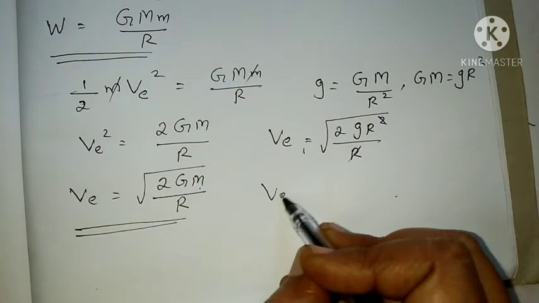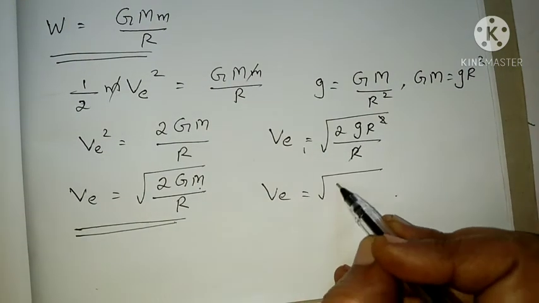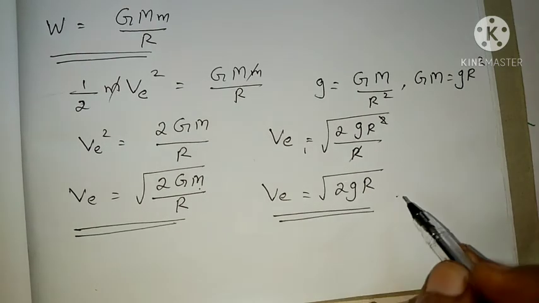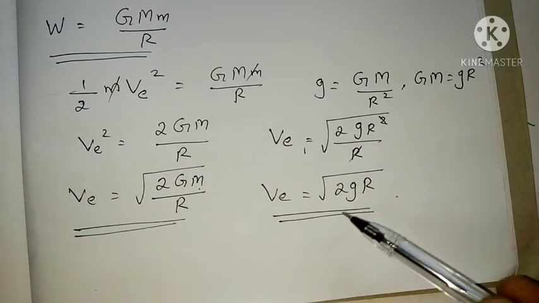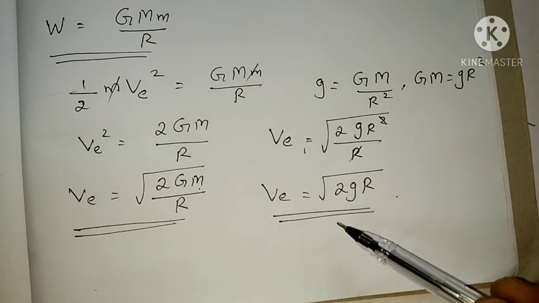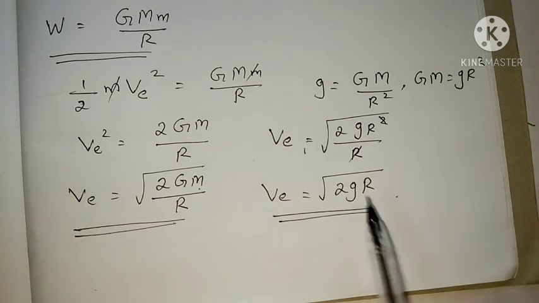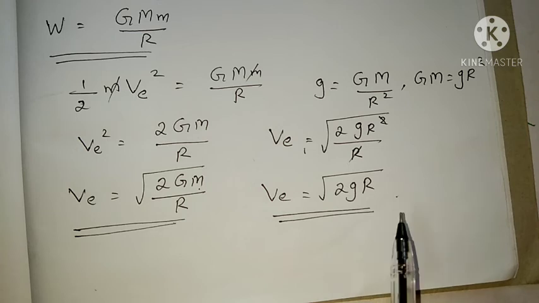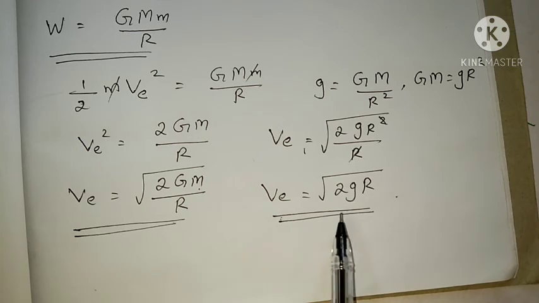Then escape velocity v equals root of 2gR. So this is the escape velocity of the body in bringing it from the surface of the earth to infinity. This is the minimum velocity with which a body must be projected vertically upwards to just escape from the gravitational field of the earth, that is v equals root of 2gR.